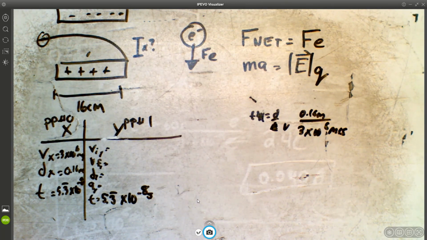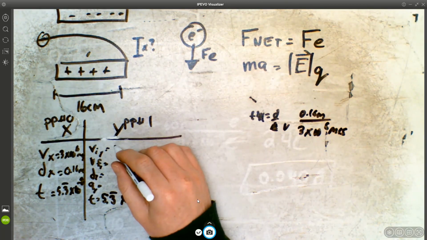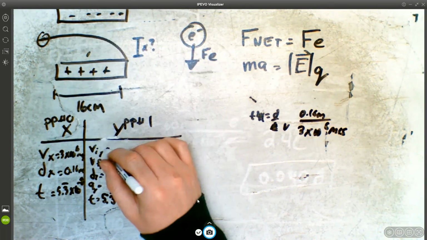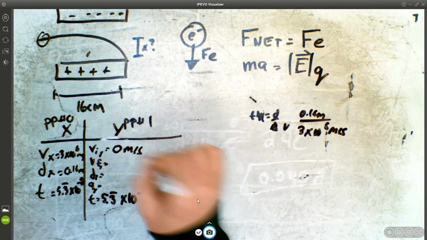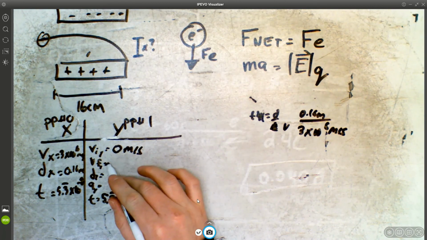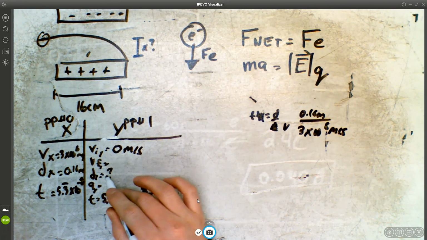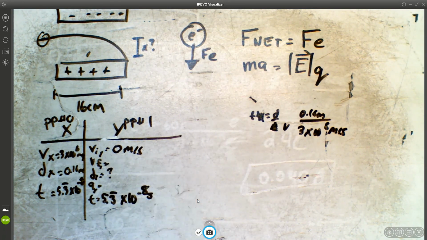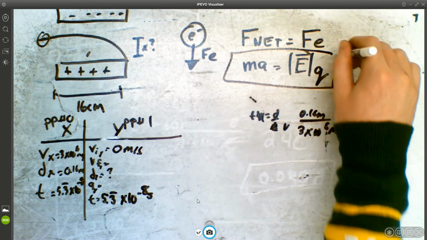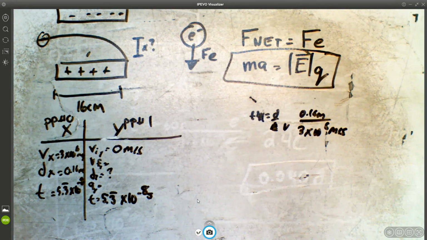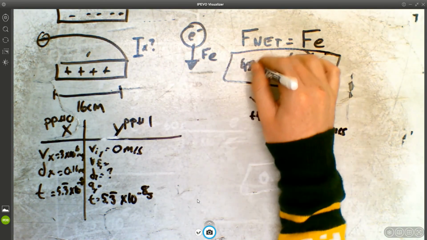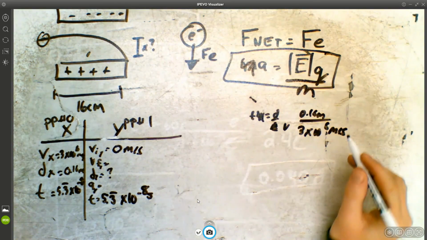Now we need some more information about the y. It's like a horizontal projectile, so my initial speed is 0. We don't know our final speed. We're trying to find our distance in the y. And we don't have our acceleration, but we have this right there. So if I move my m down below, we can find our acceleration.